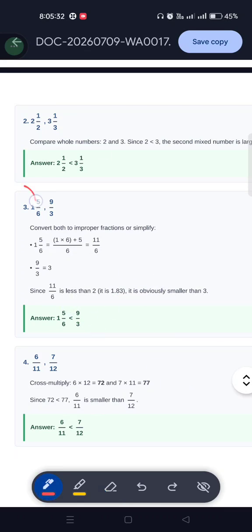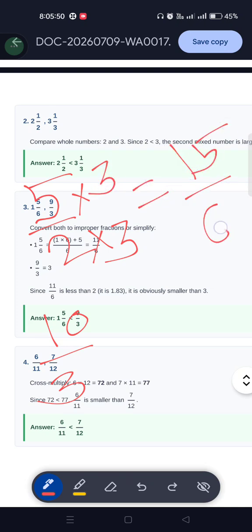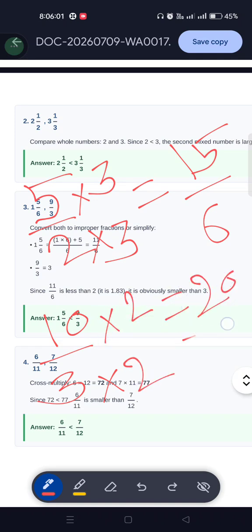So 5 upon 2 and 10 upon 3. Now you will multiply by 3 here and you got 15 upon 6. Here you will multiply by 2 and you will get 20 upon 6.